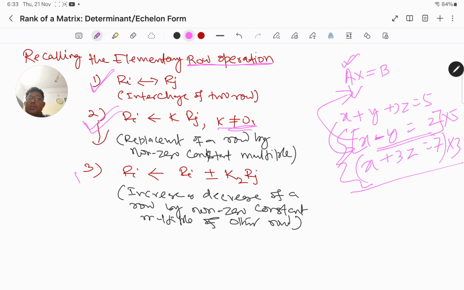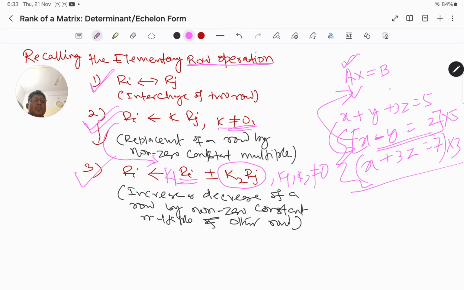So the third property is a powerful property: a row i is increased or decreased by a constant multiple of another row. In view of property number 2, if I multiply a constant here, then also the system is not going to change. Here k1 and k2 are not equal to 0, okay. So these are the row operations I have told you.